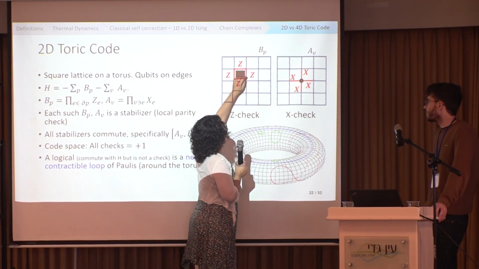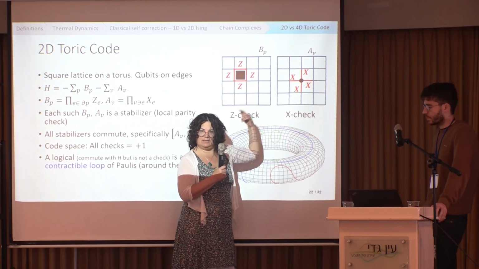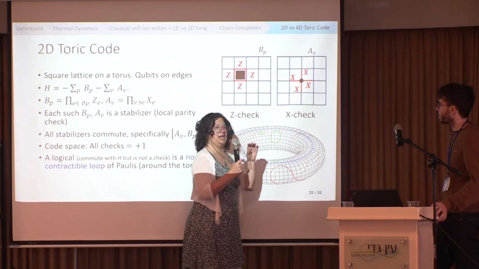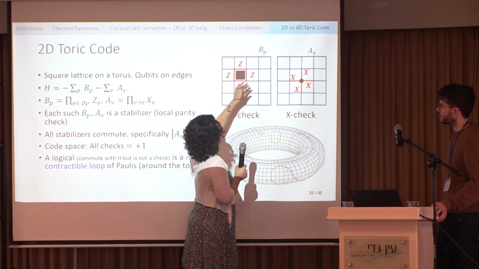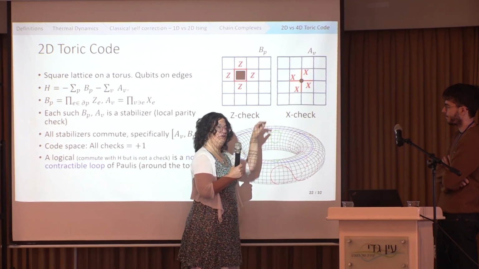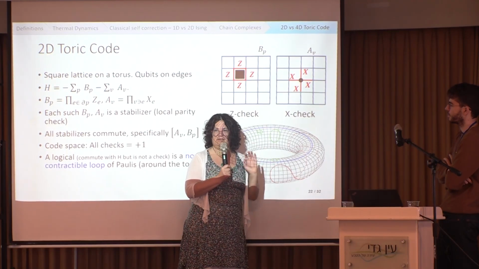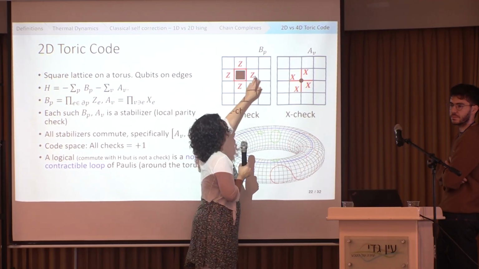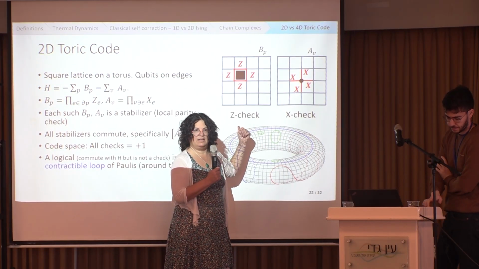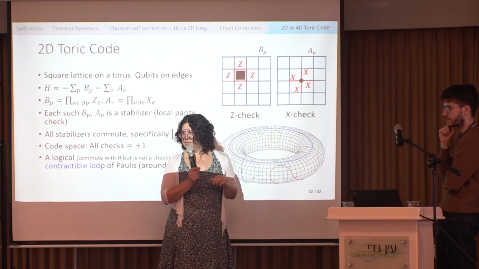But if you apply a loop that goes around the torus, so it's not simply connected, this cannot be written as a product of stabilizers, a product of plaquettes. But you can check that after you apply this, the state is still satisfied by all the checks, and the reason is that Z's along this commute with all the checks.